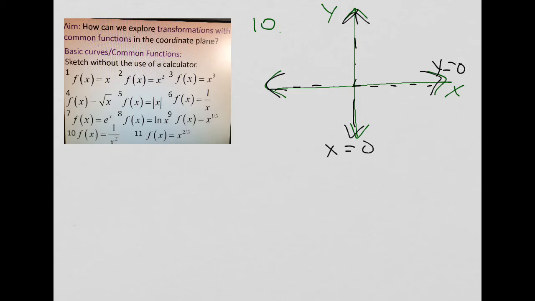So it's very similar to number 6, except you can see the denominator is not x, it's x squared. So the points that I'm going to plot are only here, still bounded between the asymptotes, but in different quadrants. So this is 10, and we're up to our last one, number 11.